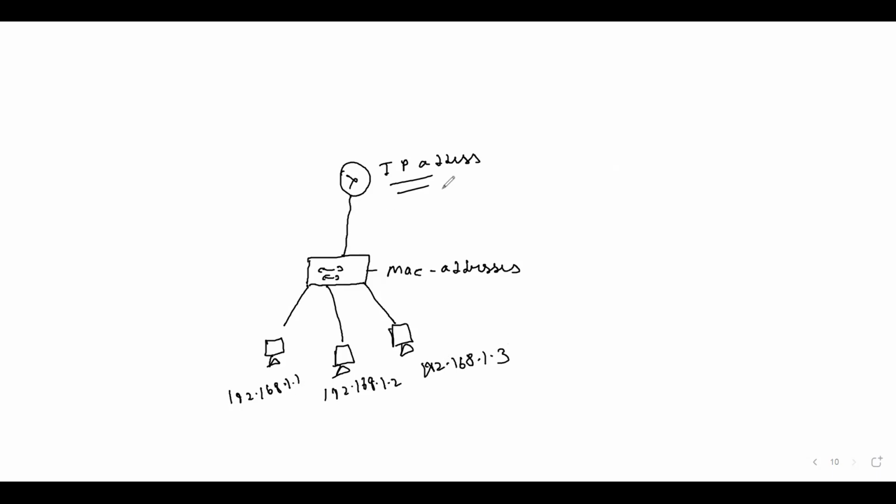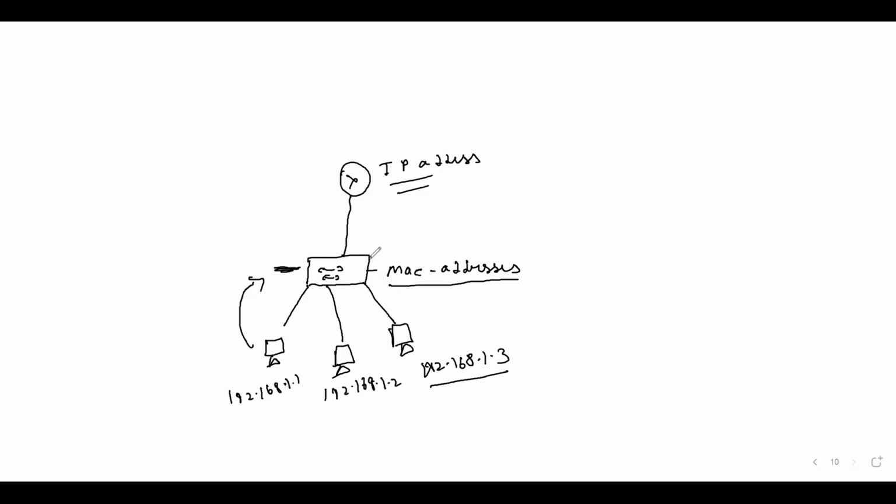So how is my PC, how is this device understanding this IP address? You didn't ask me this question. A switch works on MAC address, right? This is an IP address.